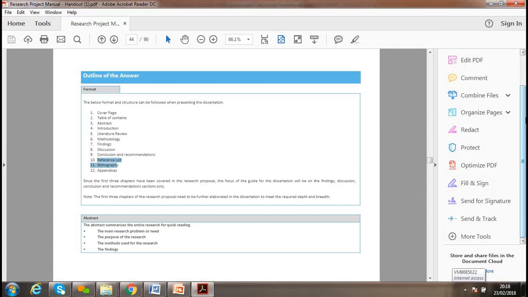Umar, reference means you have directly used that source within your report. Like, I read Mr. A's book, I picked things from Mr. A's book and used them in my report. But bibliography: I read Mr. D's book, but I did not use it. Still, I can reference it under the bibliography, even though I did not use it, because I read it.